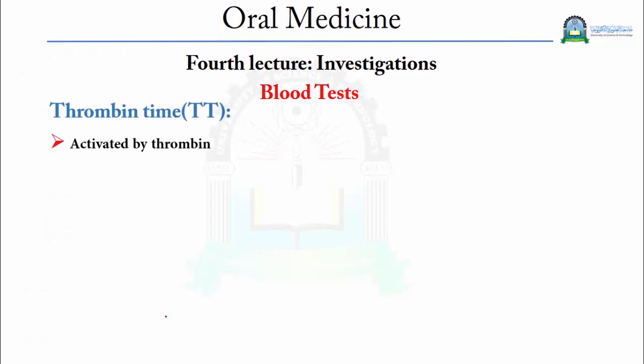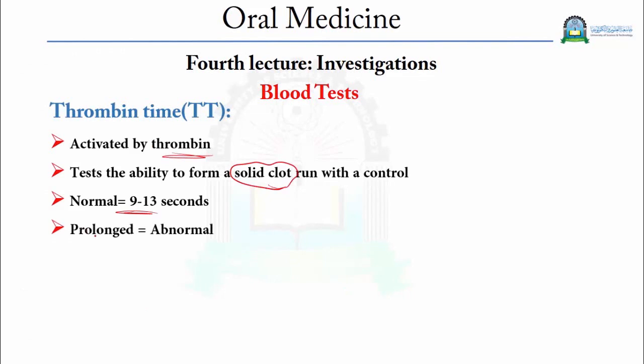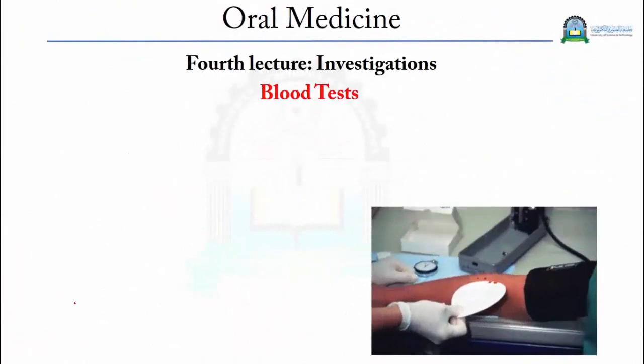Thrombin time is activated by thrombin and tests the ability to form a solid clot, run also with control. Normal values are from 9 to 13 seconds. If there is a prolonged or delayed thrombin time, it indicates an abnormal condition.